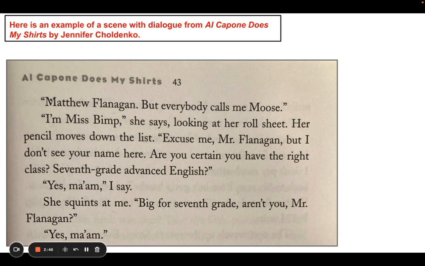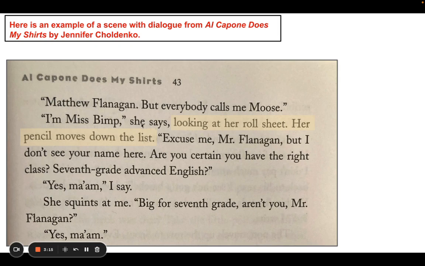So there's a lot to look at here. There's no dialogue tag where it says everybody calls me Moose, but we know he's speaking. I'm Miss Bimp. Your tag is she says, but Jennifer Choldenko also puts some actions to let you picture the scene a little bit. Her pencil moves down the list. Excuse me, and then she doesn't use a dialogue tag here, and that's okay.